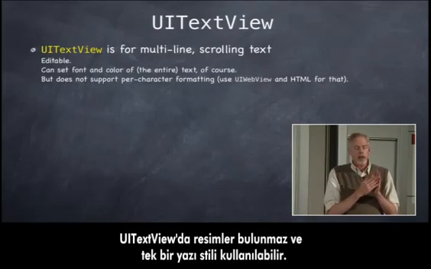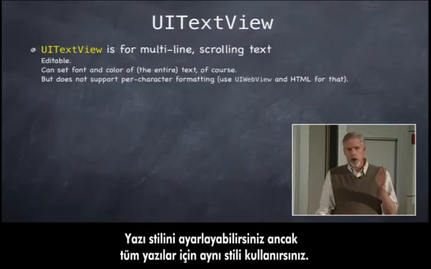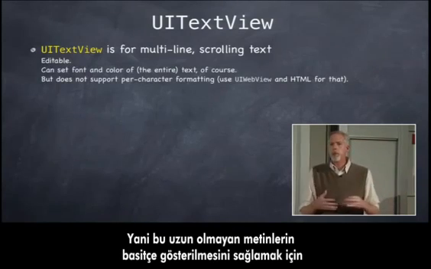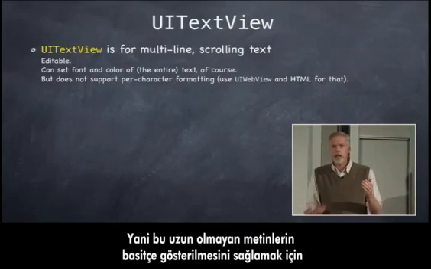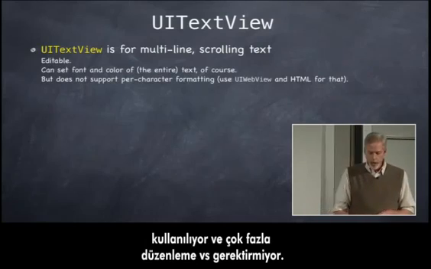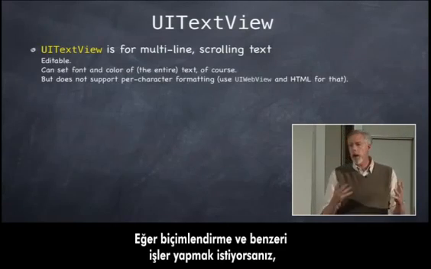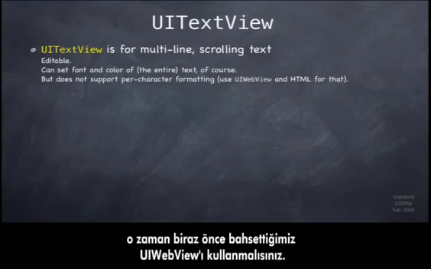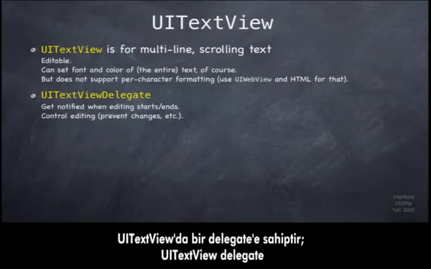UITextView is no images, all the same font. You can set the font, but it's all the same font. So it's for simple displays of text that aren't too long and don't have a lot of formatting, et cetera. If you want the formatting and stuff, then UIWebView, which we already talked about, is what you want.